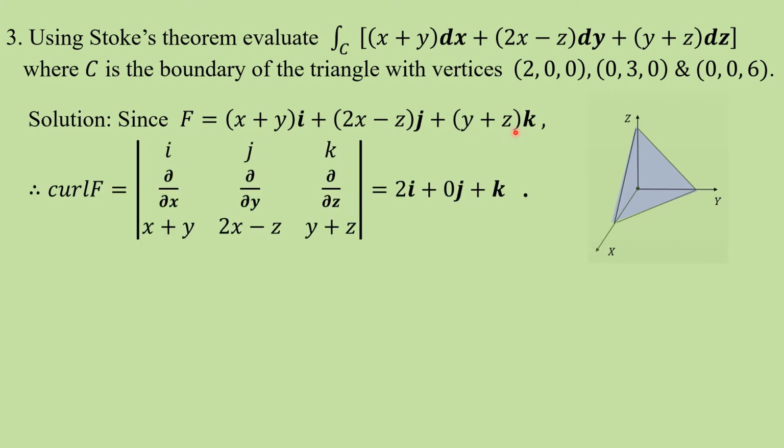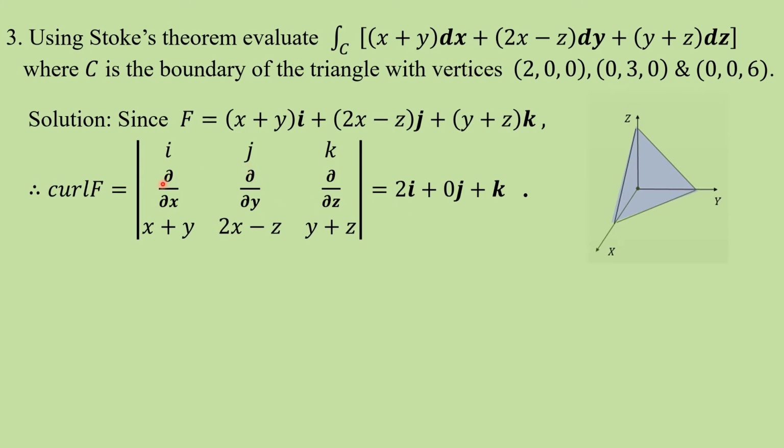So curl F or del cross F is equal to the determinant of i, j, k; dou by dou x, dou by dou y, dou by dou z; with components of F being x + y, 2x - z and y + z. Evaluating that: i times (dou by dou y of y + z, that is 1, minus dou by dou z of 2x - z, that is minus 1), so 1 plus 1 is 2, so 2i.